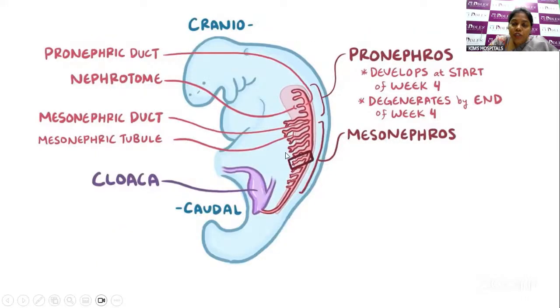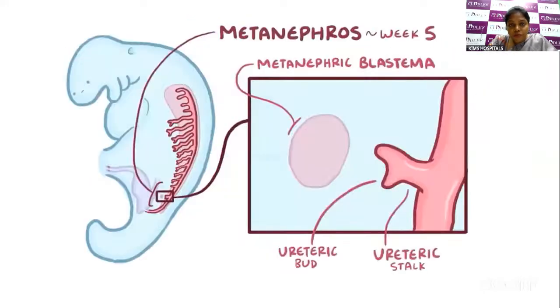This mesonephros directly joins into the cloaca, at the caudal end, from where the genitourinary structures and the GI structures develop.